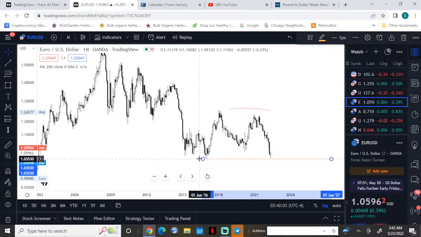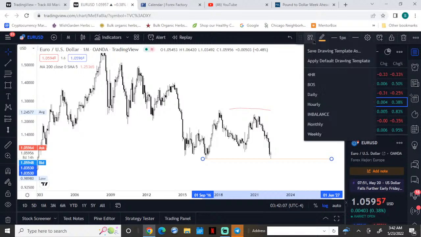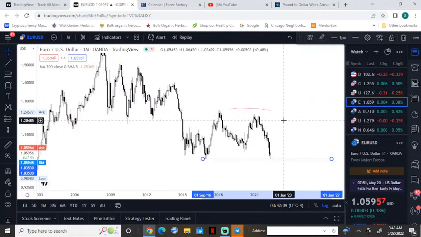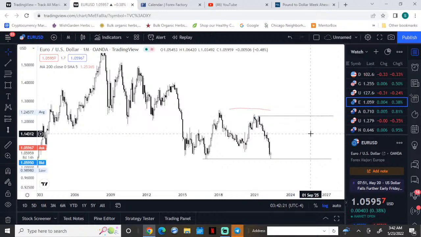I like to make sure my lines are as even as I can get them. Monthly. We got May 2021 highs. That's a straight drop since May of last year. Wow.